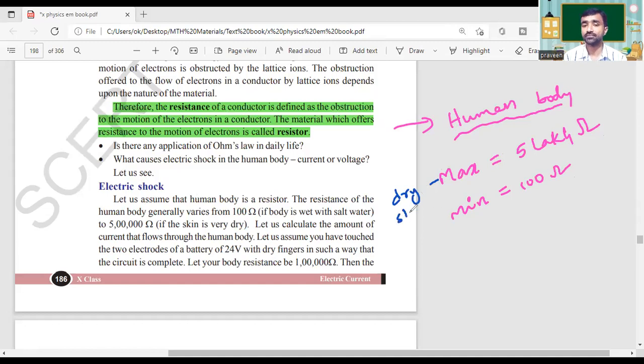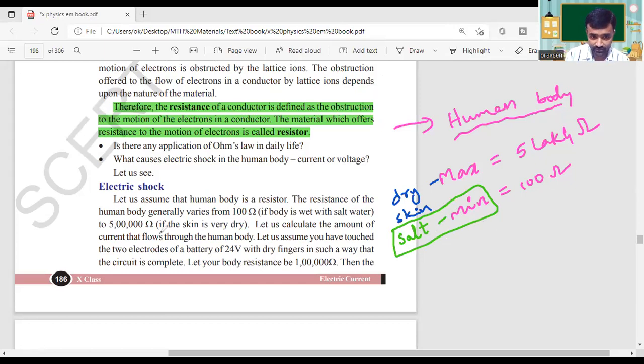Minimum resistance is offered when you are completely drenched with salt, sweaty. Then your body offers the lower resistance, that is 100 ohms.